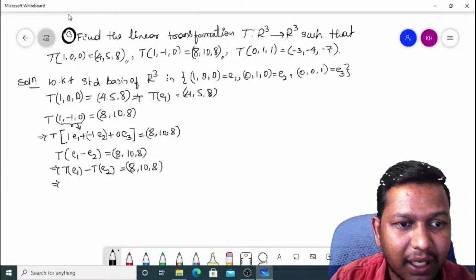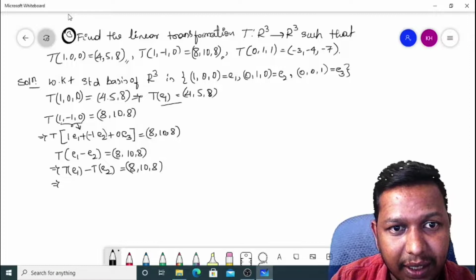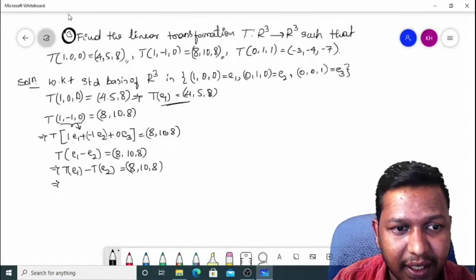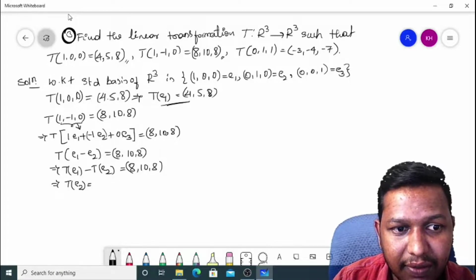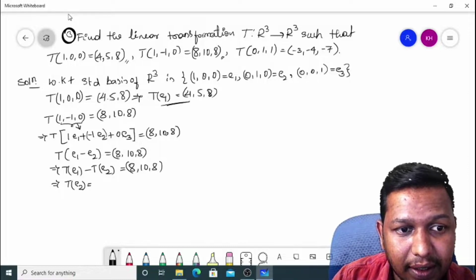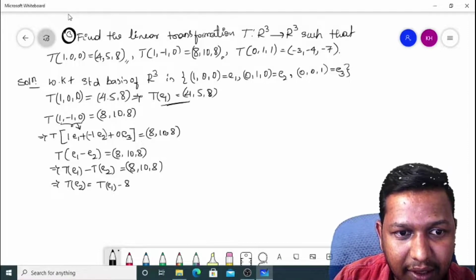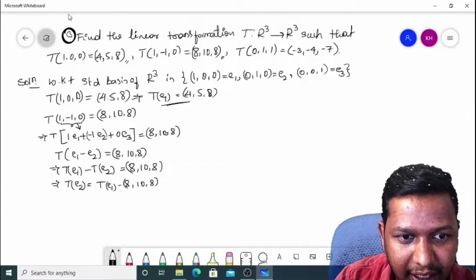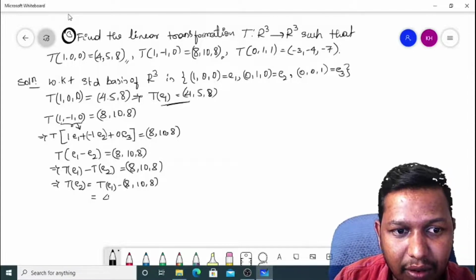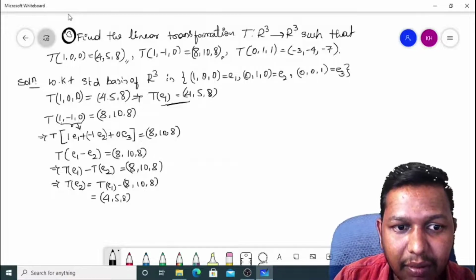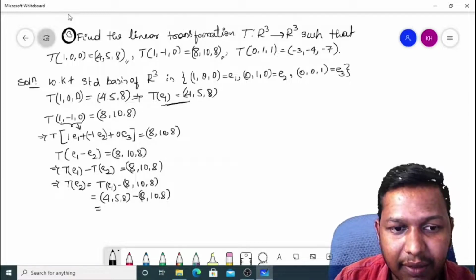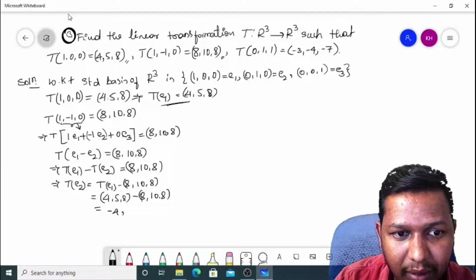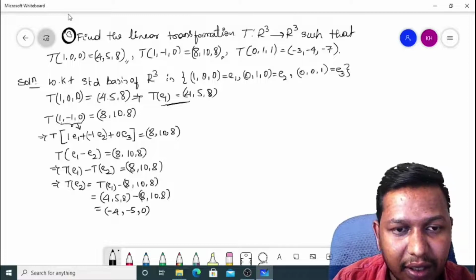We already know the value of T(E1), that is (4, 5, 8). Therefore, to find T(E2), T(E2) = T(E1) - (8, 10, 8) = (4, 5, 8) - (8, 10, 8), which gives (-4, -5, 0). That is the value of T(E2).